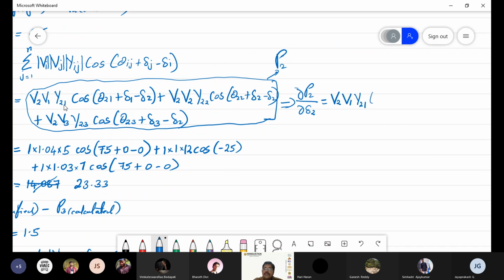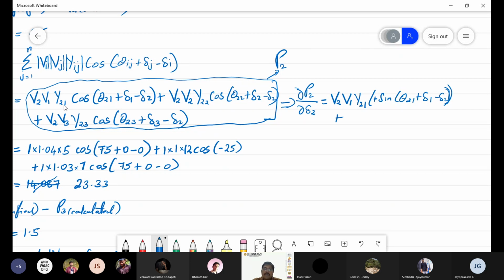That will be minus of sine of theta 21 plus del 1 minus del 2, and for minus del 2 here, because we are differentiating with respect to del 2, again minus will come, therefore it becomes positive, right? I hope you can understand.